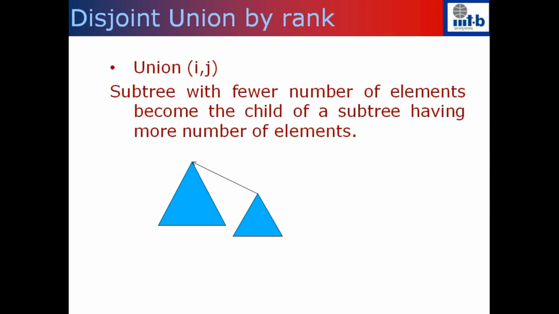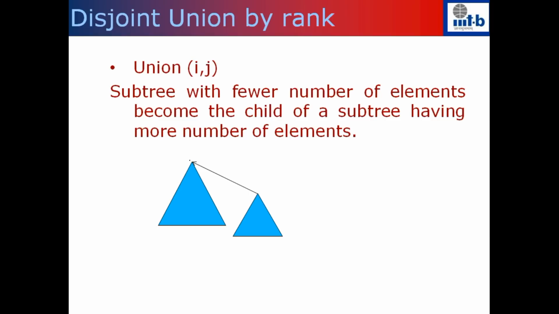The union is a little tricky here. There are two kinds of unions that we're going to talk about, union by rank and union by height. When I look at i comma j, the subtree with the fewer number of nodes becomes the child of the subtree having more nodes. This is one subtree, which is one set, and this is another set.